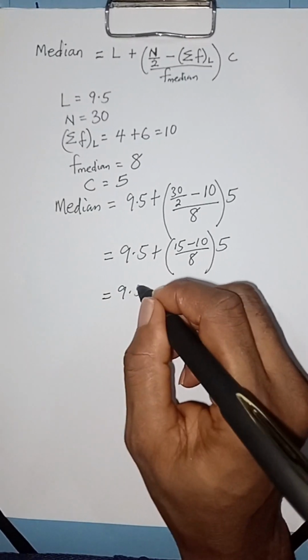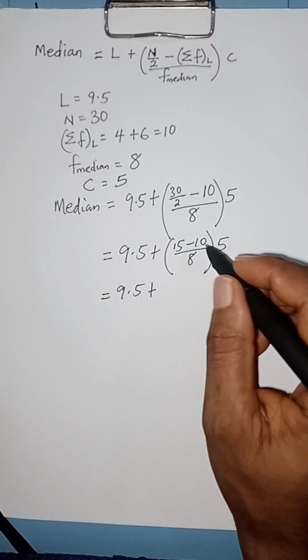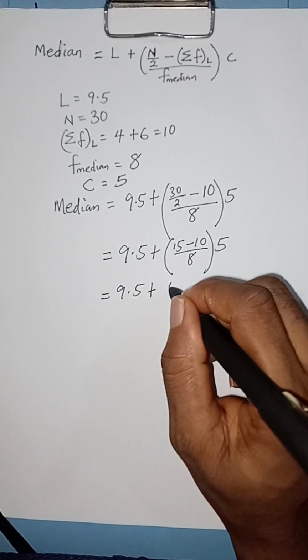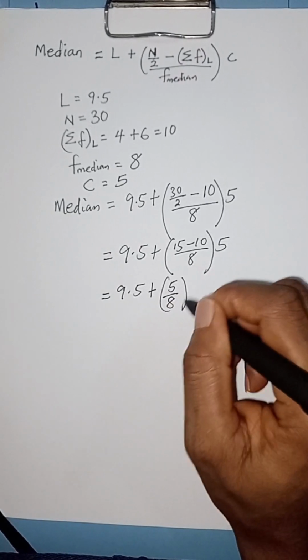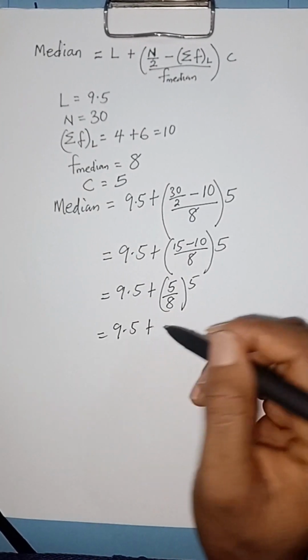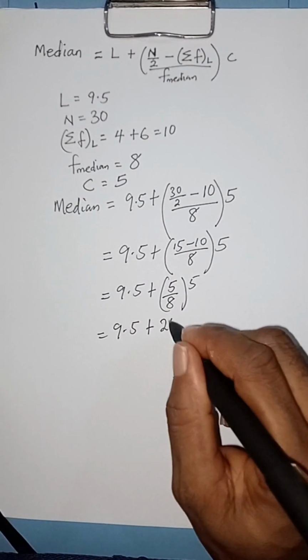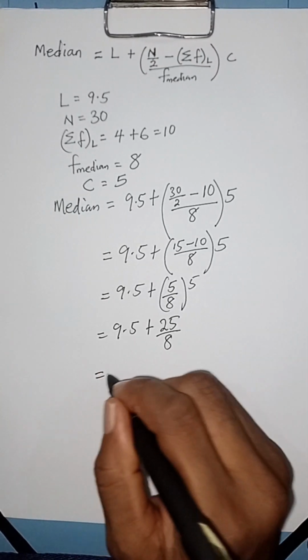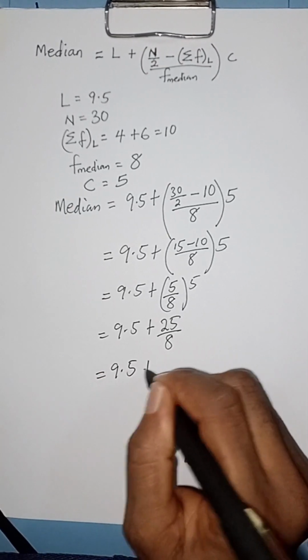This will give you 9.5 plus 15 minus 10, it's 5, divided by 8, and you multiply by 5. So this will give you 9.5 plus 5 times 5 is 25, divided by 8.